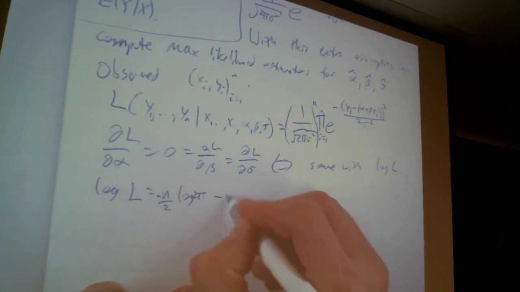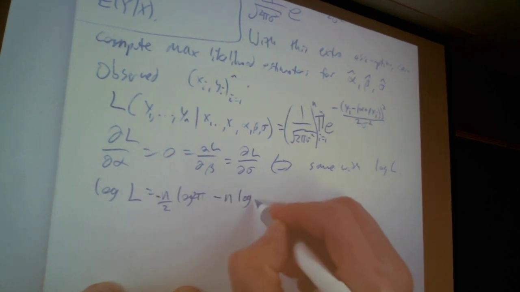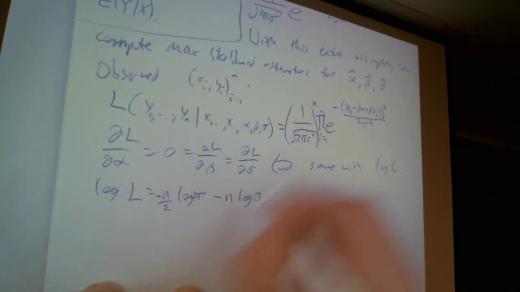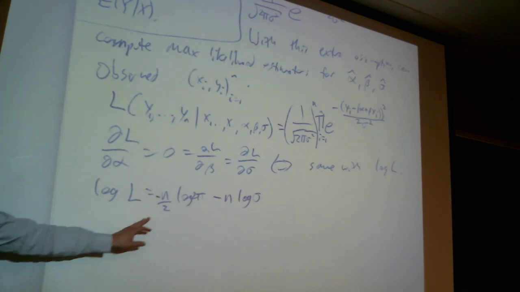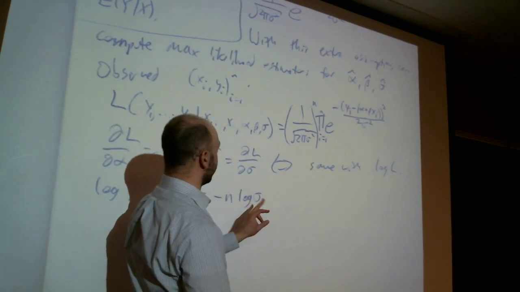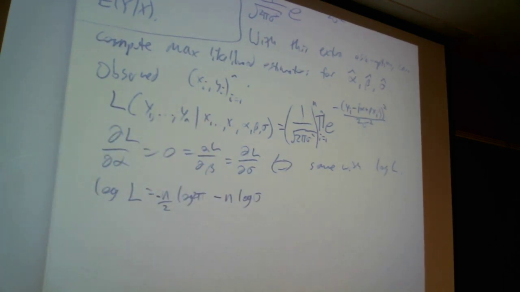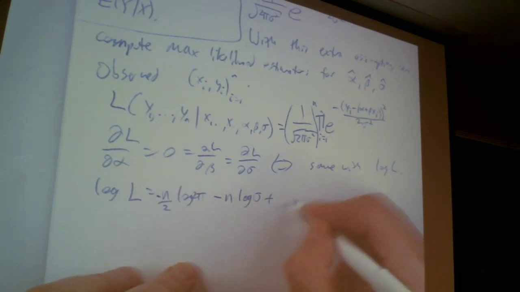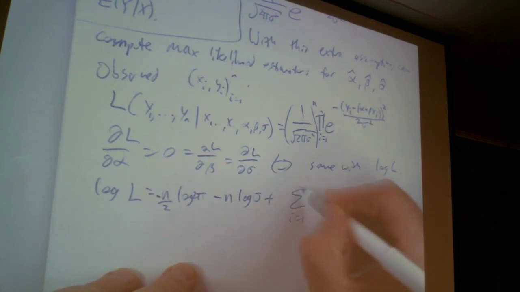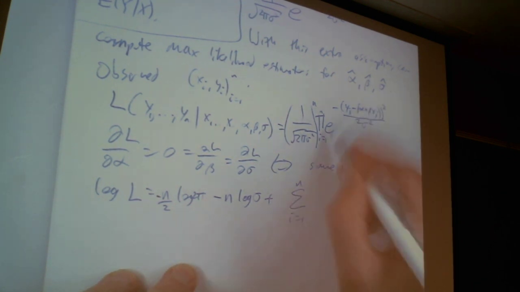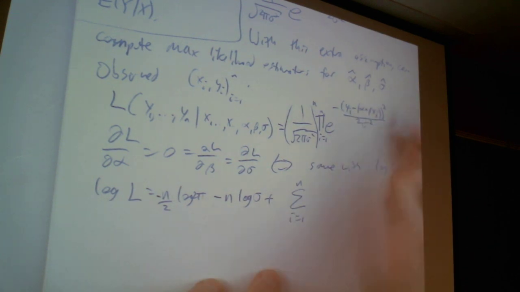I have a minus n log of sigma squared and square rooted, so it's just minus n log sigma. That's that term. Log of a product is a sum of the logs. The log of e to the something is just the something.